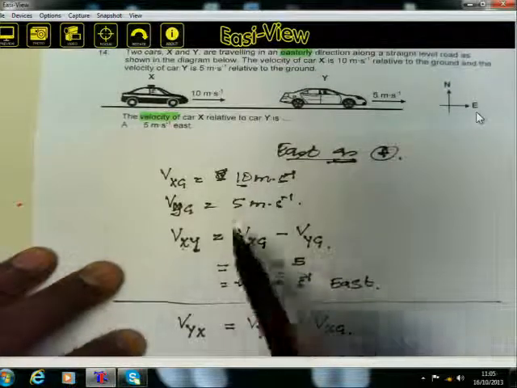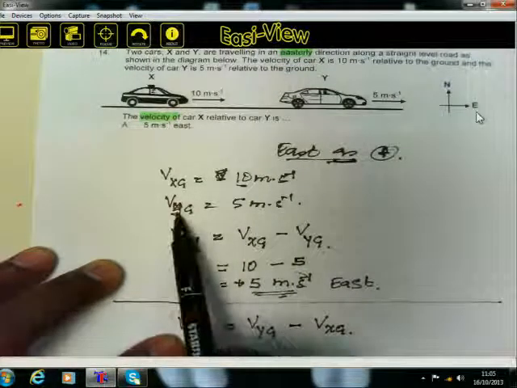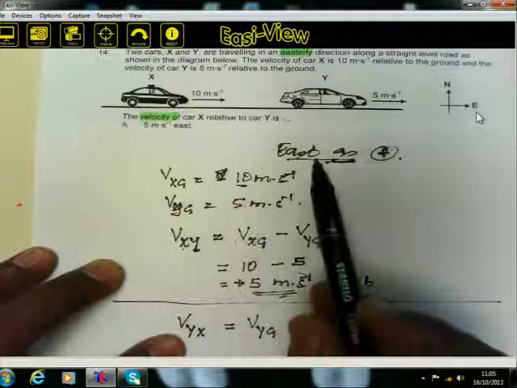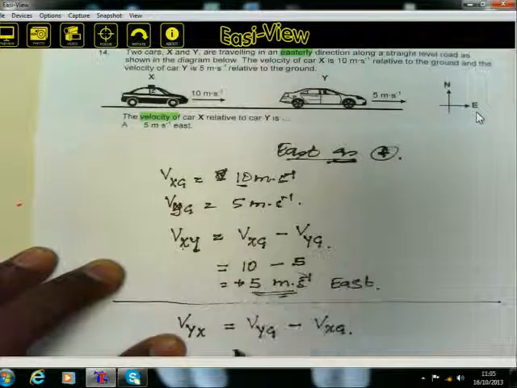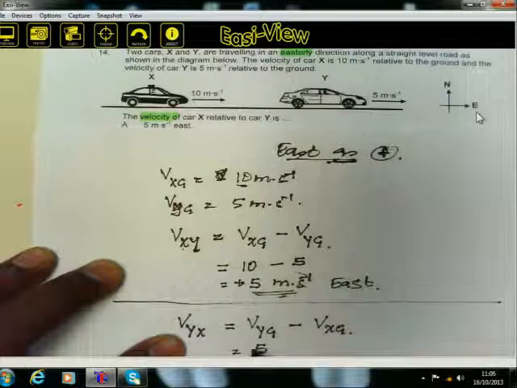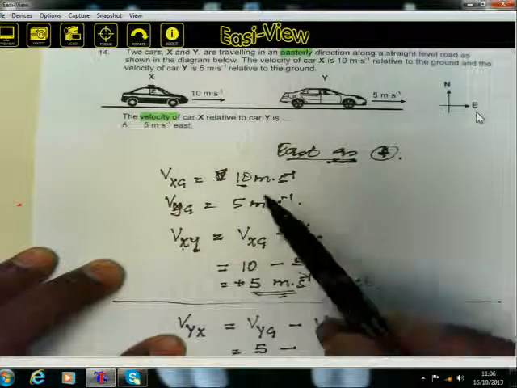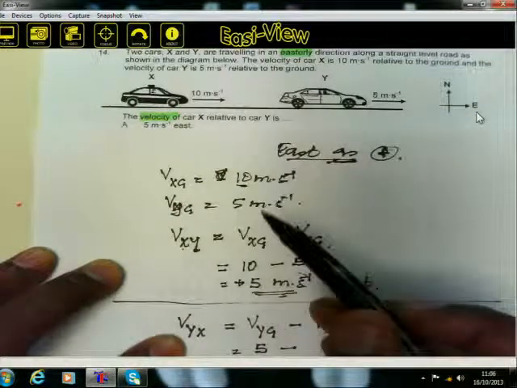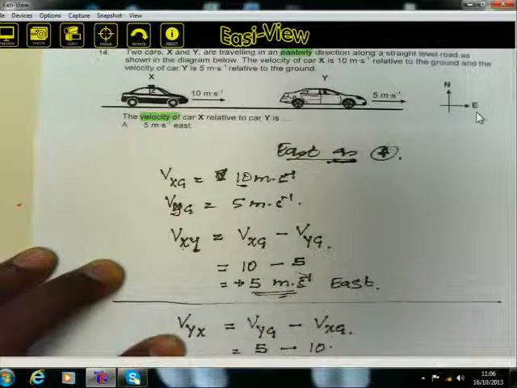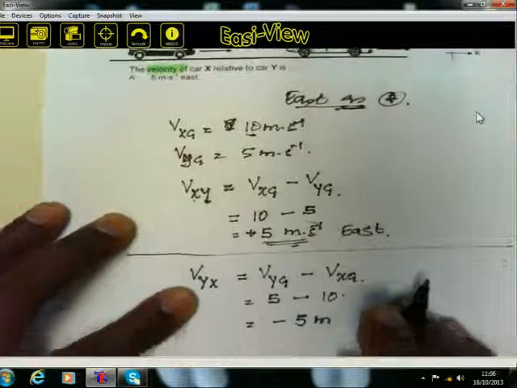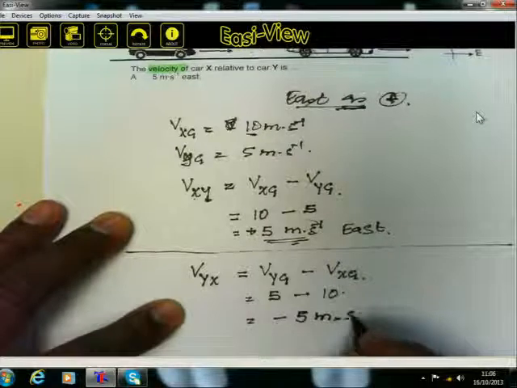Because east is positive, y is also going east, so we write that as positive 5, minus x relative to the ground, which is 10, positive. Now we see that our answer becomes negative 5 meters per second.